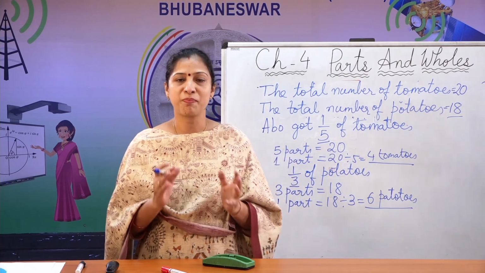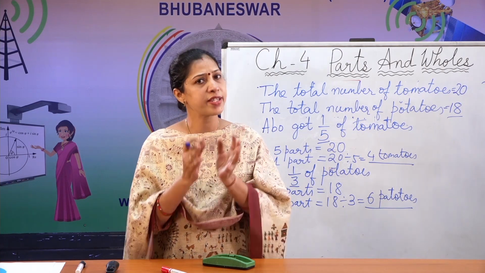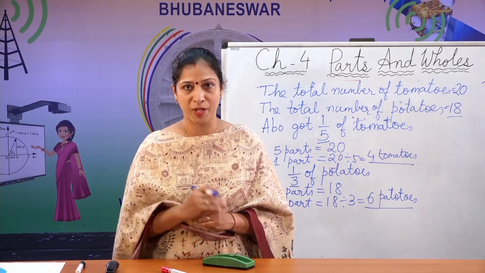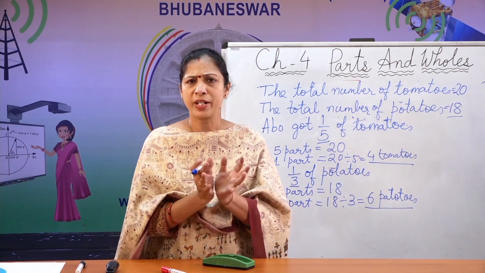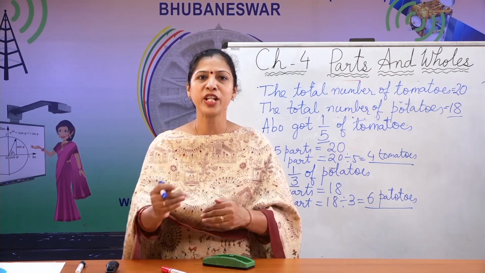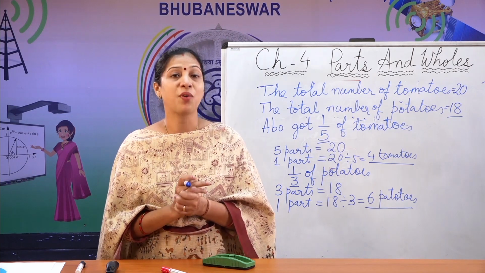And also for the potatoes, first you have to divide the potatoes into 6 equal parts because Srija is getting 3/6 of the potatoes. So divide the potatoes into 6 equal parts, then out of which you will find 3 parts that Srija is getting. And after that, what can we do?